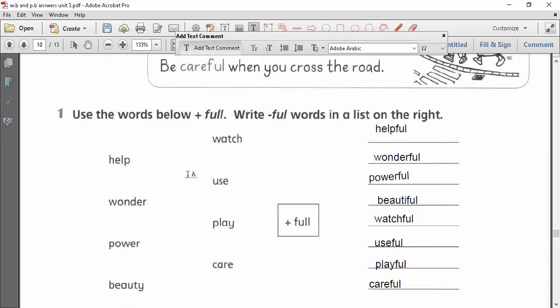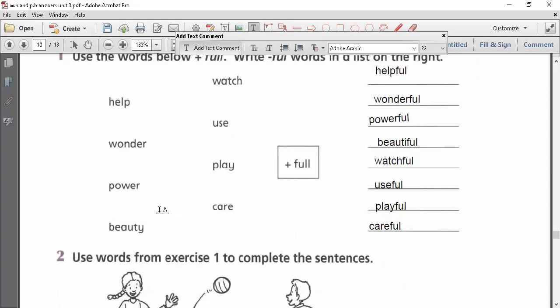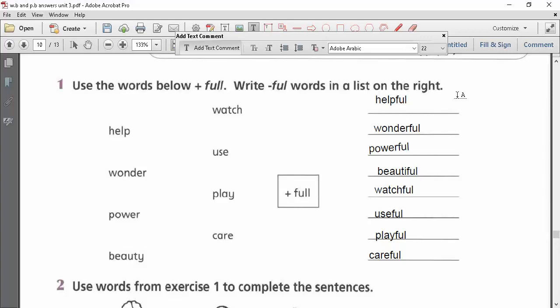We use help plus ful with these adjectives to make new words. Helpful. Help is a verb. With ful, it becomes helpful. So we make adjectives by adding ful to some verbs and words.